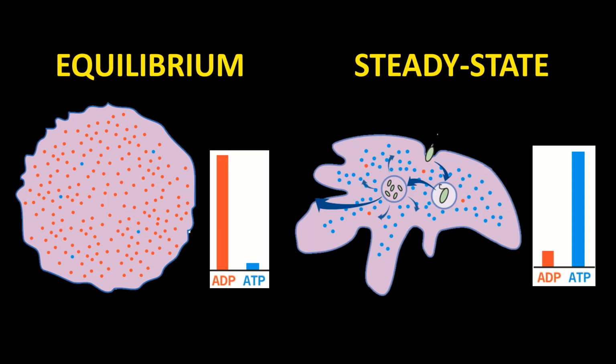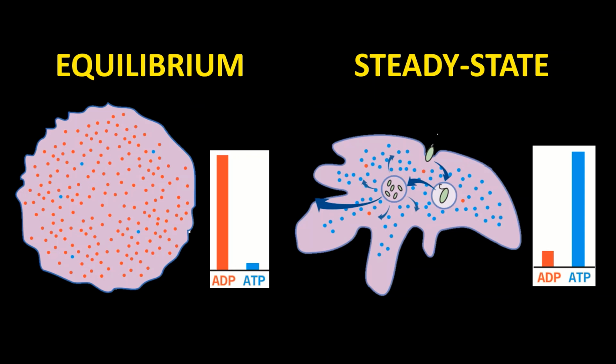However, there is another condition of the cell we call steady state. In steady state, the cell is constantly working to keep its internal environment stable, steady. So don't ever mistake the stable internal environment of a cell as equilibrium. The cell actually attained that stability by working double time, of course, with the help of ATP.